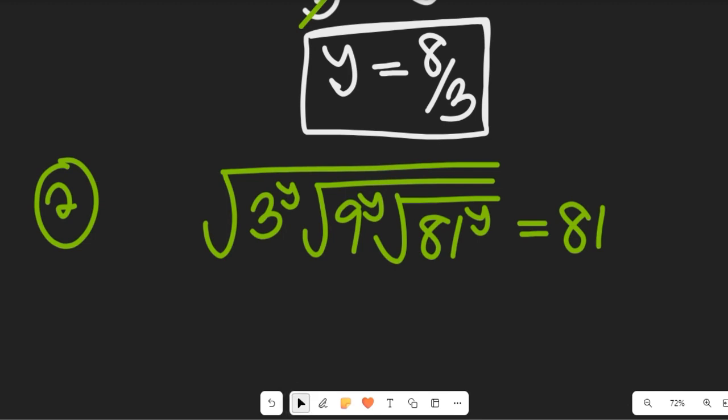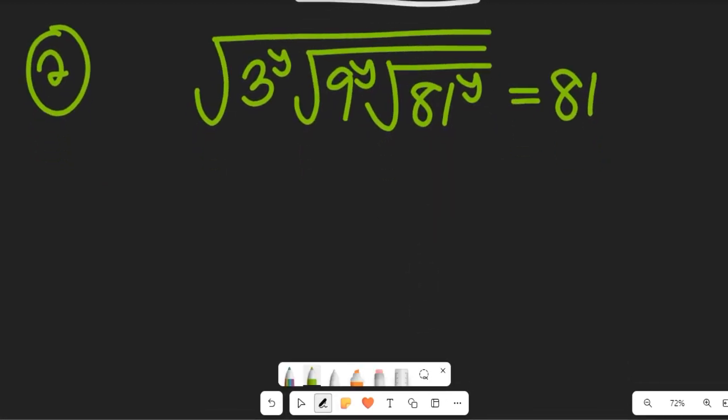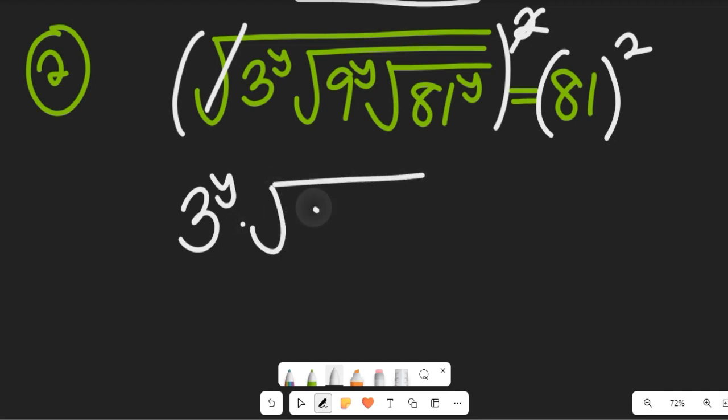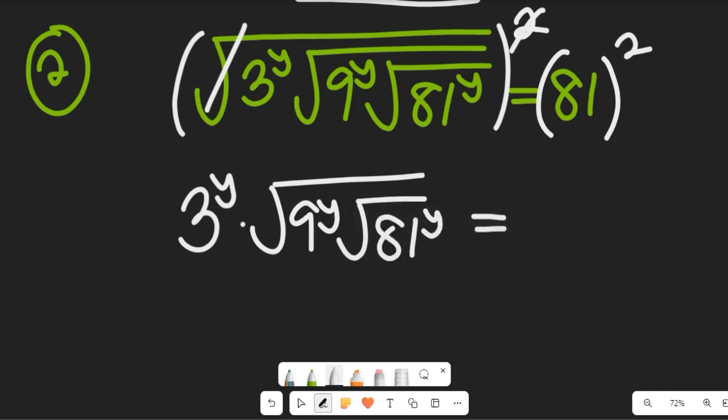Given this expression, all we have to do is clear the square root. And if we want to clear the square root, what are we going to do? We're going to square both sides. So if we square both sides, we'll be left with 3 to the power of y, multiplied by the square root of 9^y, multiplied by the square root of 81^y, and this will be equal to 81 squared.